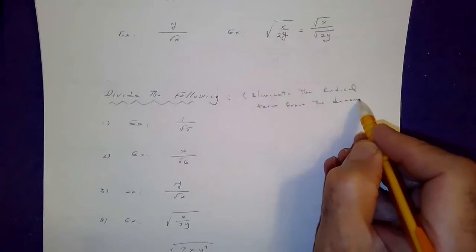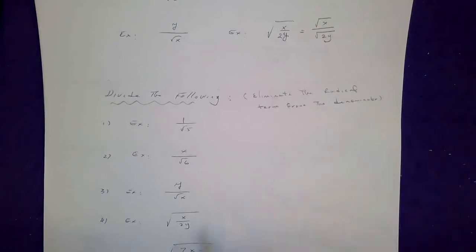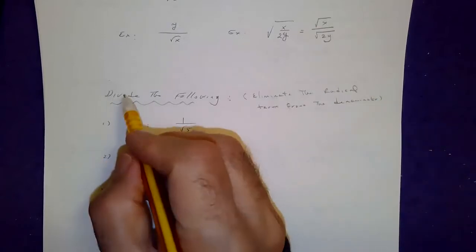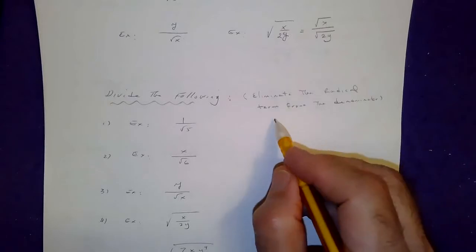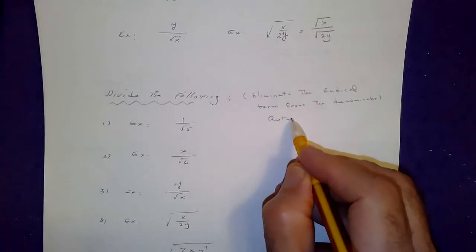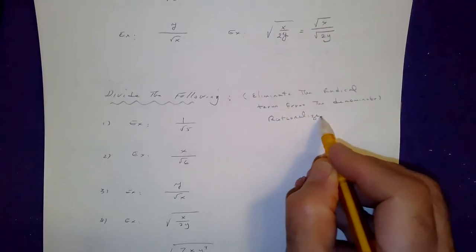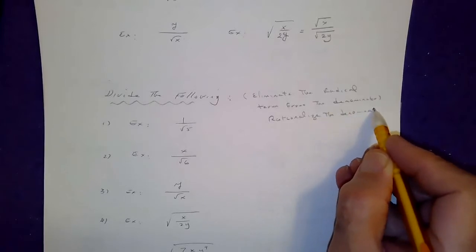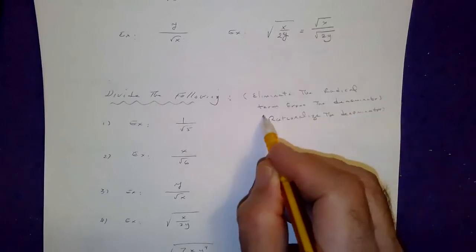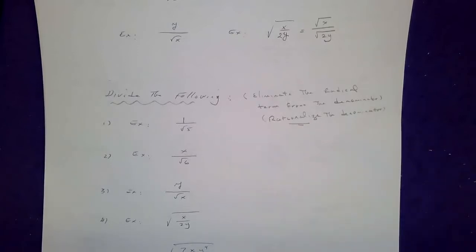Get rid of the radical from the denominator. That's the objective of division. Sometimes it is also known as rationalize the denominator. That's the terminology sometimes people use.